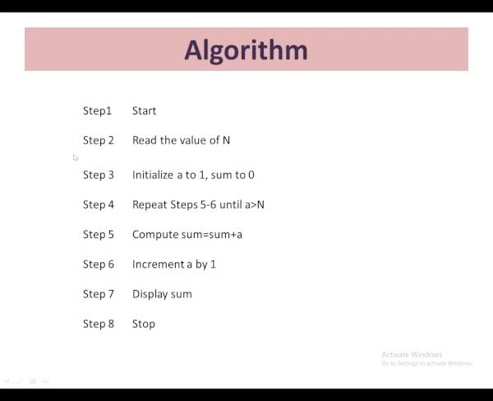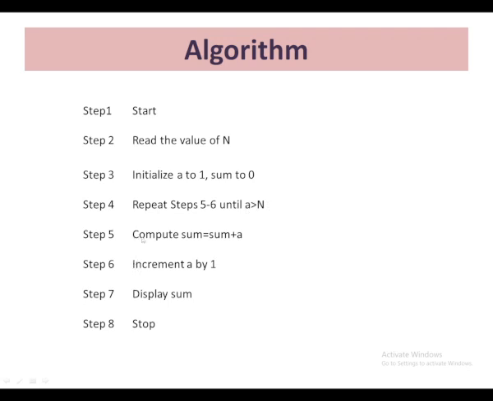Now look here: step 2 is reading the value of n, step 3 is initializing a to 1 and sum to 0, and step 4 is to repeat something until a is greater than n, which means it will check whether a is greater than n or not. If it is not, then it will do steps 5 and 6.